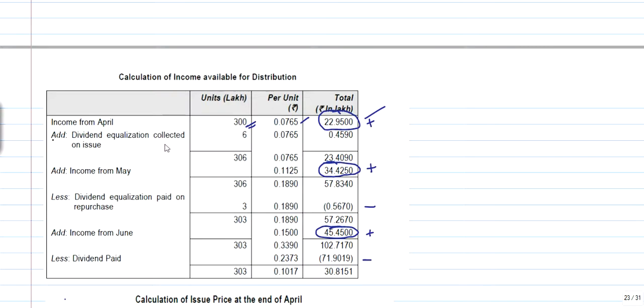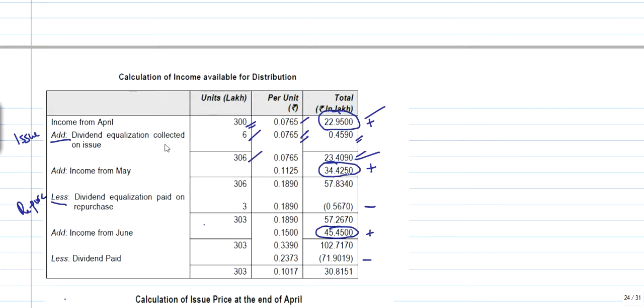Whenever there is an issue it should be added, whenever a repurchase, deducted. So 6 lakh units are added, and 6 into 0.0765, we will get 0.4590. So you will get this at the end of April. Units also increased, income also increased.